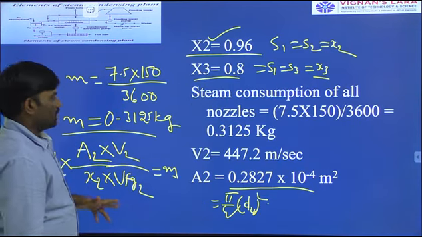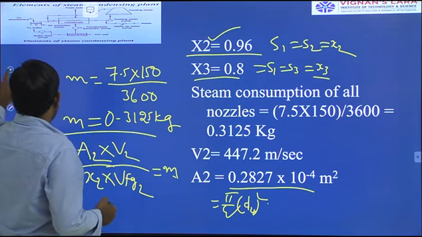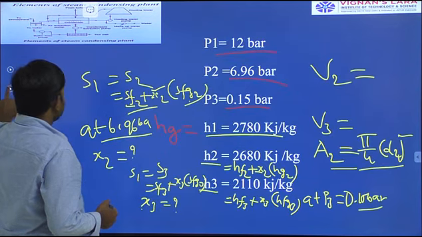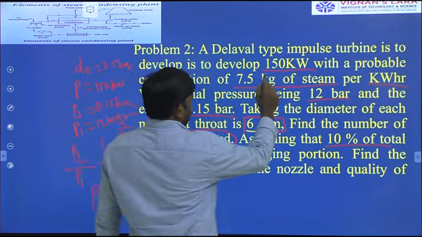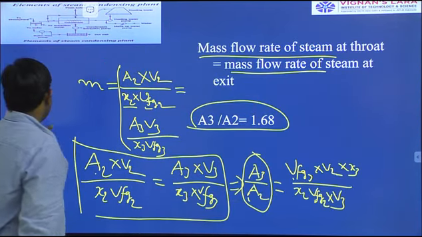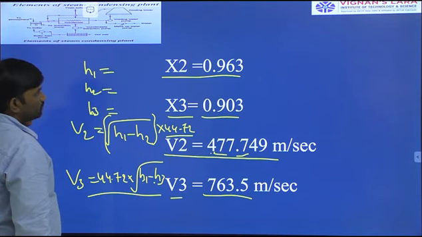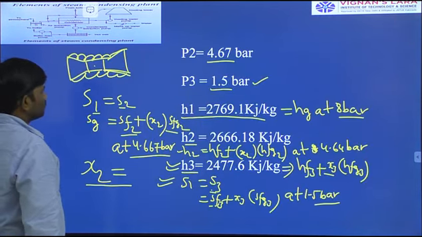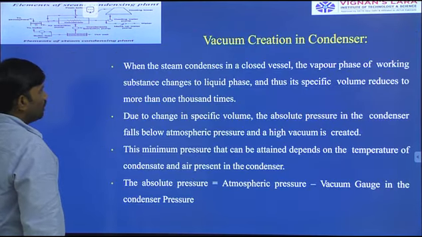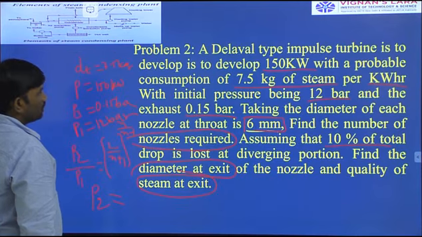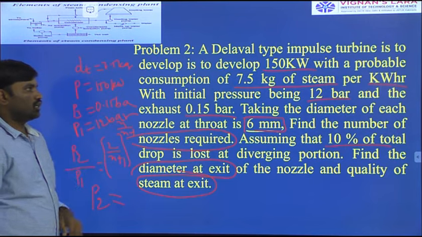We have to solve the present problem like this. I will repeat again, please listen. In the present problem, the turbine develops 150 kilowatt of power by consumption of 7.5 kilogram of steam per kilowatt hour.